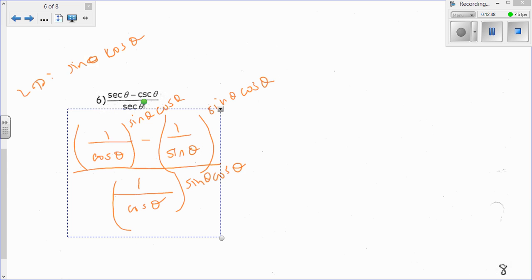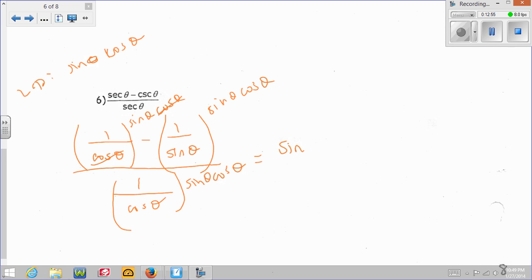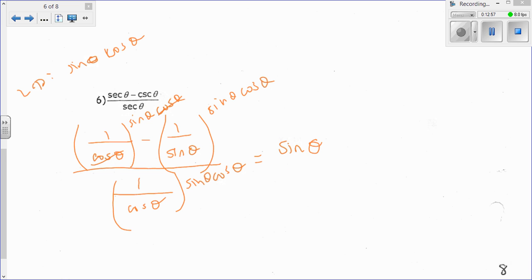So in the first fraction, the cosines cancel out, and we're just left with sine theta. Here the sines cancel out, so it's minus cosine theta. Here the cosines cancel out, so we're just left with sine theta.